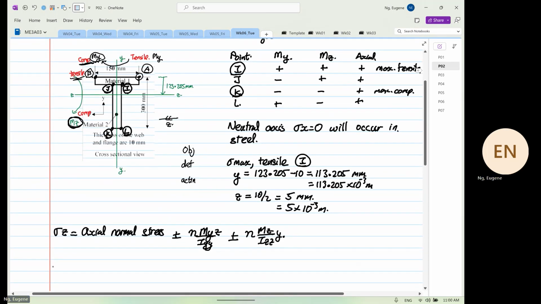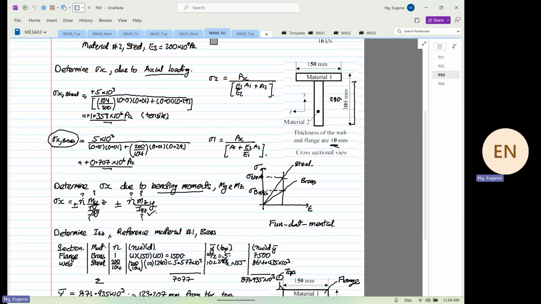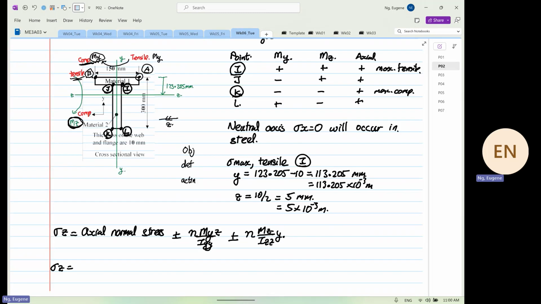So we calculated our stress Z due to the normal load in steel last week as 1.359 times 10 to the power 6. It is positive because it's under what? Tensile. Oh, sorry, we are going to find point I.